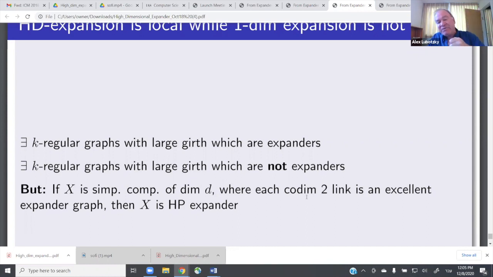If these graphs are expanders, then the complex is an i-dimensional expander, not HD, i-dimensional expander. Namely, the message of Garland theory is that local information, local expansion of the links, gives you global expansion.